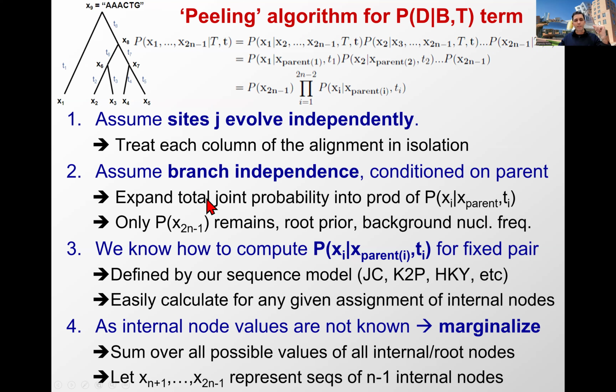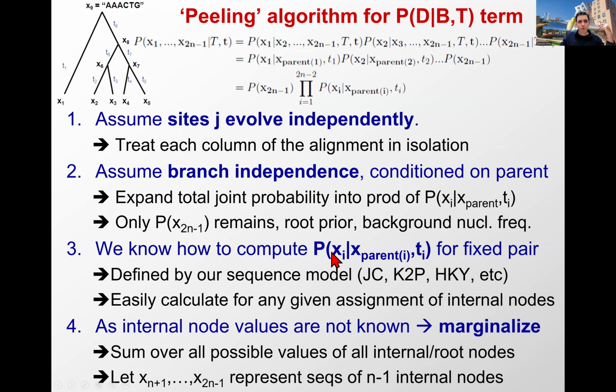Okay? So I'm going to expand the total probability into some product of each of the children conditioned upon its parent and the time elapsed along that branch. So far, so good. And the only thing that remains is this probability of an ancestor, which is some kind of root prior, which is basically just a background nucleotide frequency.